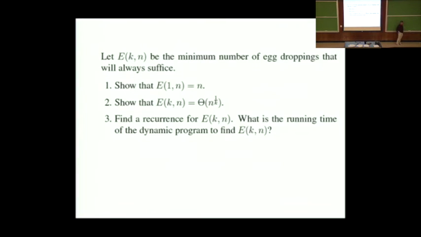Does everybody see that? So how many different boxes are there here? How many? Kn. Does everybody see this? If I am given k choices for the first argument and n choices for the second one, there are k times n boxes.